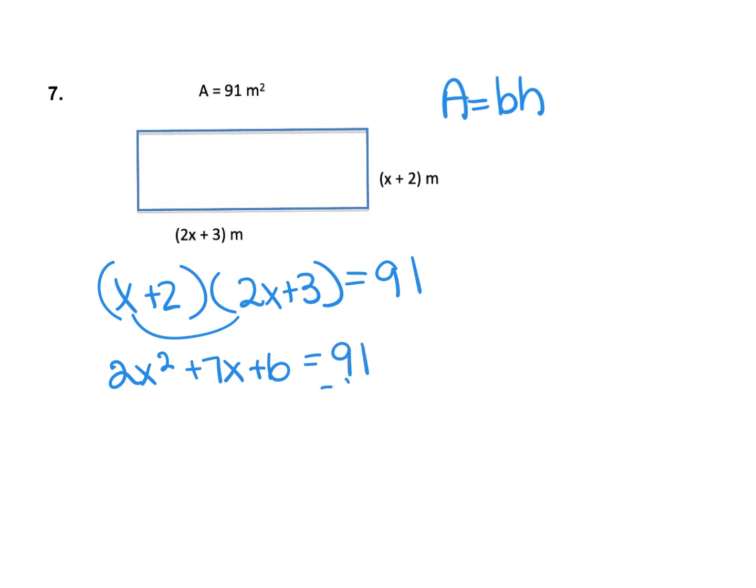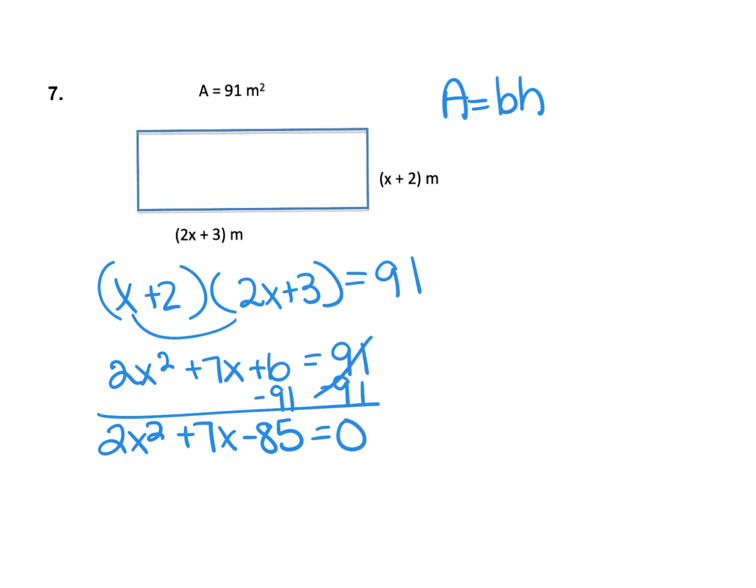And so I'm going to subtract 91, and we'll get 2x squared plus 7x minus 85 is equal to 0. All right, and now again, it's only wanting to know what method we would use. And looking at this one, I've got a lot going on in there. Again, I would use the quadratic formula for this.